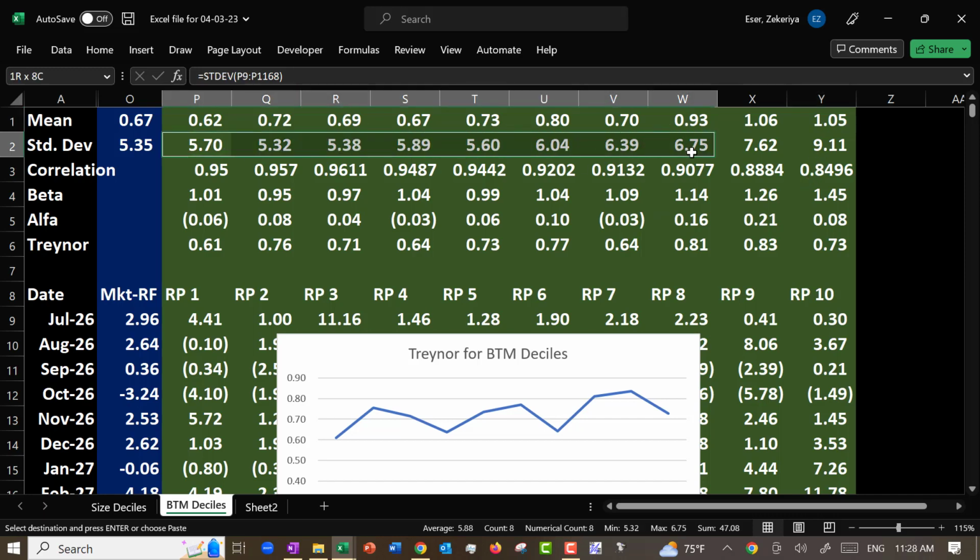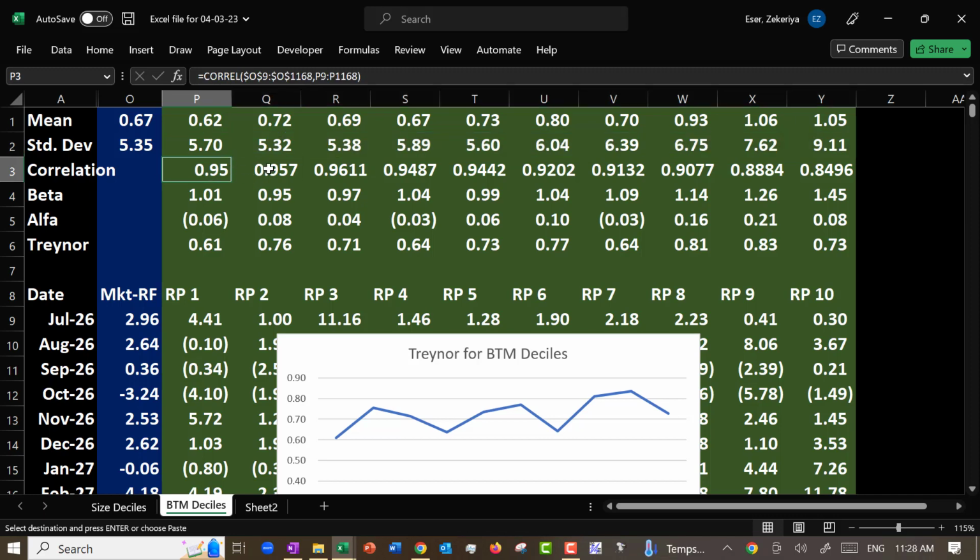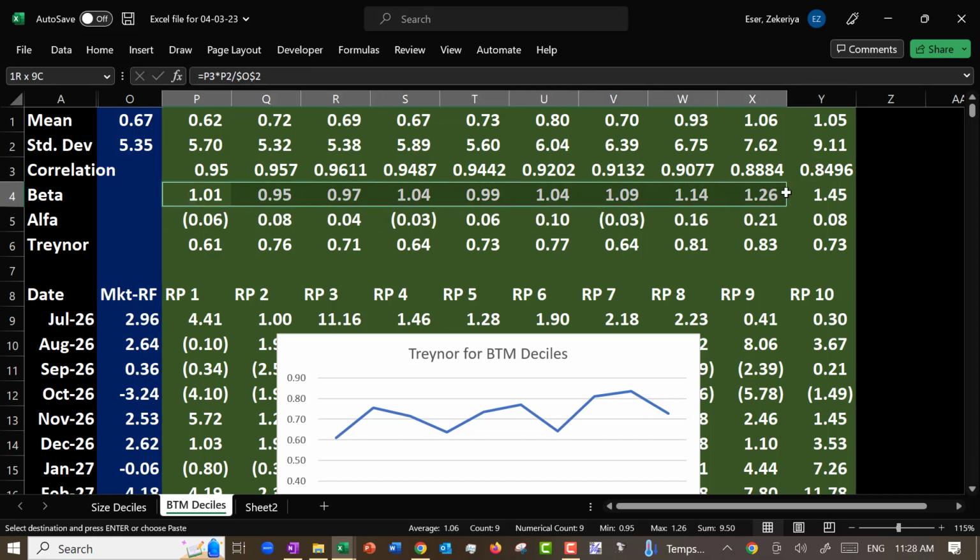In terms of risk, as you can see, returns on the growth companies are not as risky as returns on the value firms. Again, correlations are much higher for growth firms compared to value firms. In terms of beta, it's kind of what we expect.